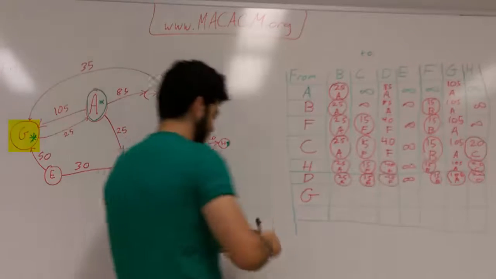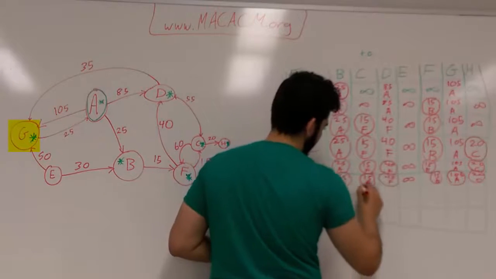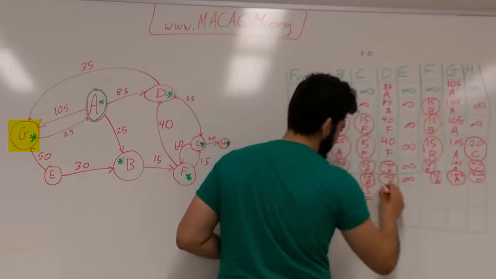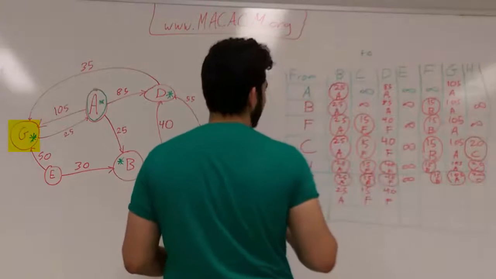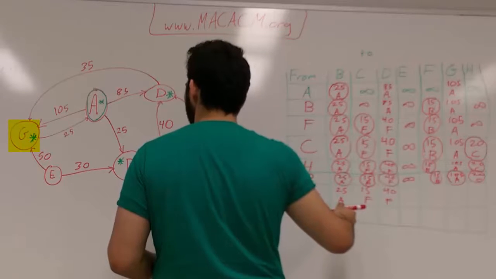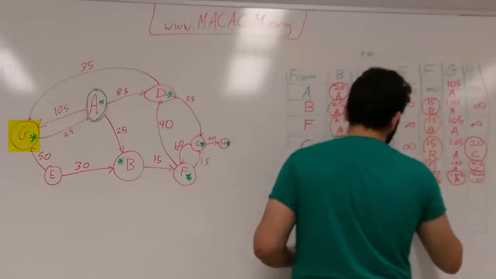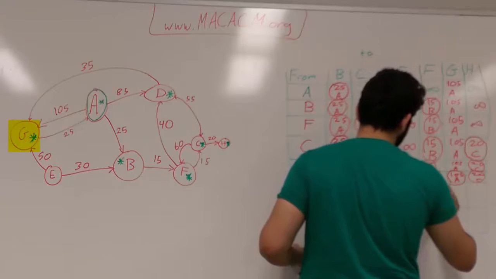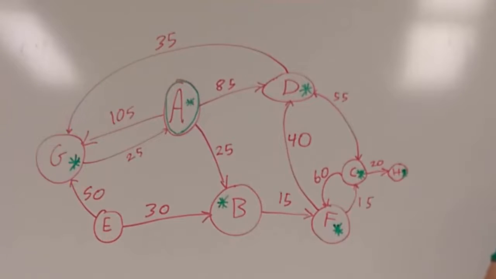So I'll just copy down the values again as is. We didn't discover anything new, nothing interesting. We'll just keep going. There is one point, however, that we never reached, which is E. So let's copy down the values.